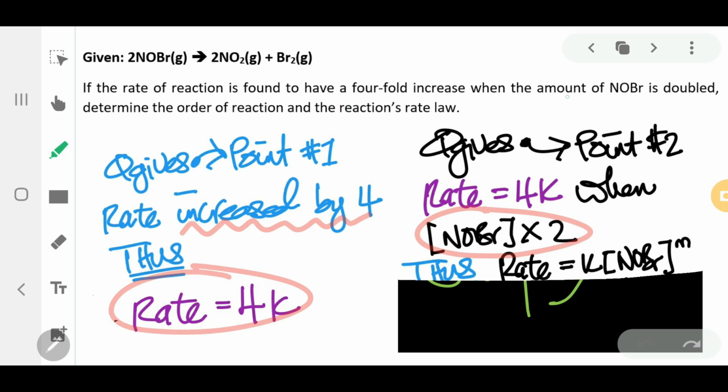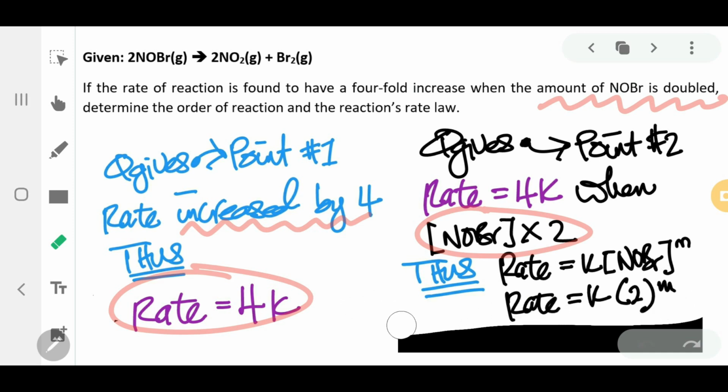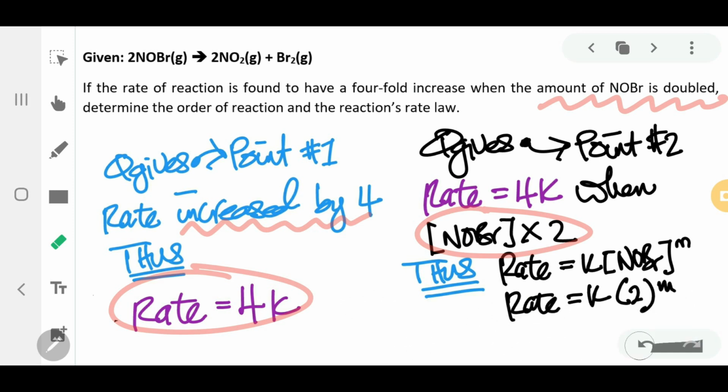So that is for that statement over here. Thus, the rate K times the concentration of NOBr can be written like this. We can assume that the initial is 1 molar, then you put 2 there.